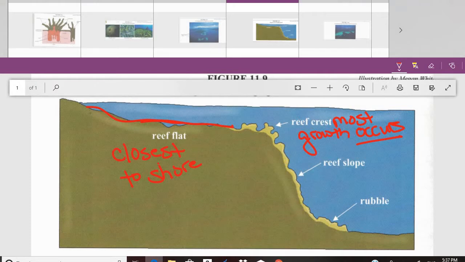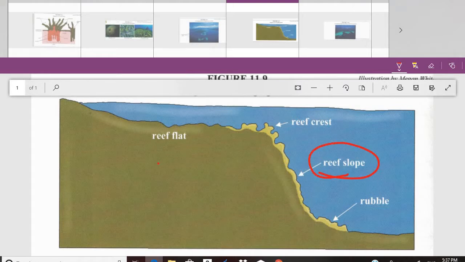And then we have this steep slope that goes down toward the bottom. And that's called the reef slope. And in this reef slope, there would tend to be more growth up at the top.